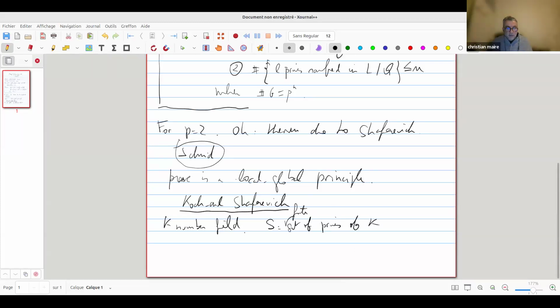I denote by K_S the maximal pro-p extension of K unramified outside S. I denote by G_S the Galois group of this extension. So this is the pro-p group.